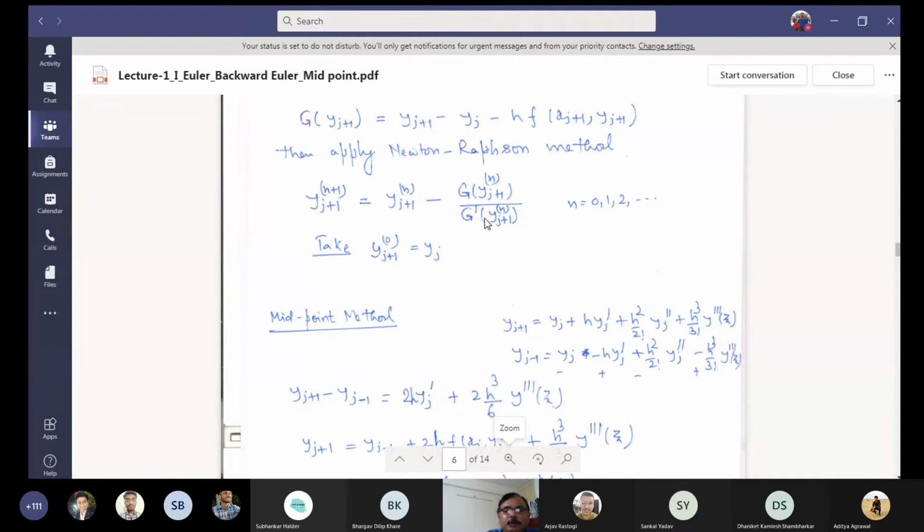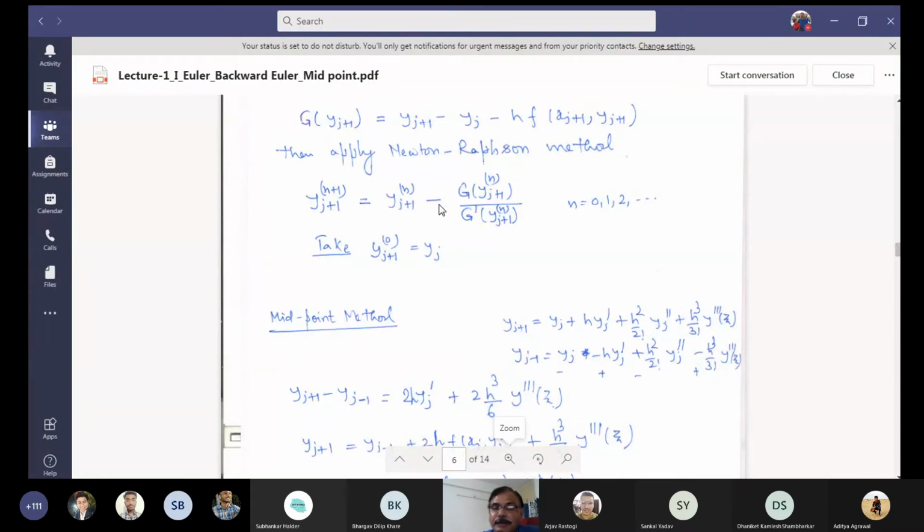Here it's a function of yj plus 1, so we have to differentiate with respect to yj plus 1. So this g prime means del g by del yj plus 1, right? Is that clear to everybody? Yes, sir.